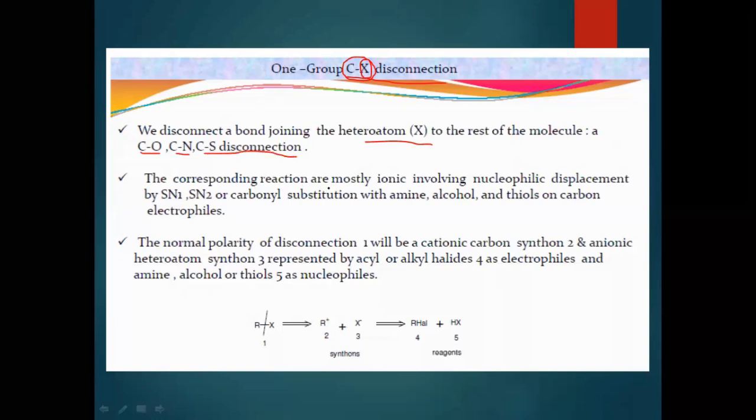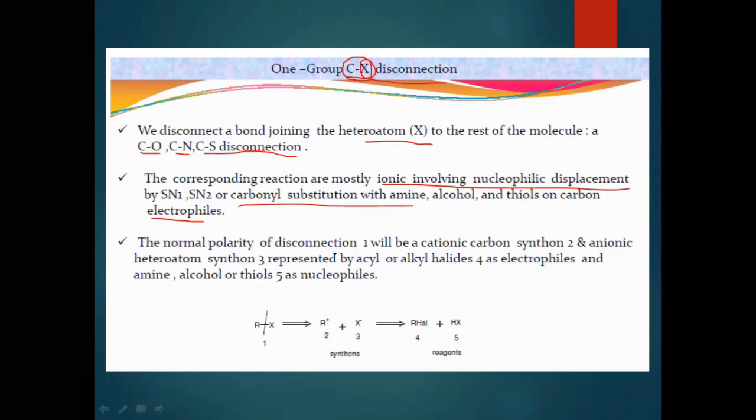The corresponding reactions are mostly ionic, involving nucleophilic displacement by SN1, SN2, or carbonyl substitution with amine, alcohol, or thiols on carbon electrophiles. So during this disconnection you will generally get ionic synthons, and to recombine them you need to use either SN1, SN2, or carbonyl substitution with amine, alcohol, or thiols on the electrophilic carbon.